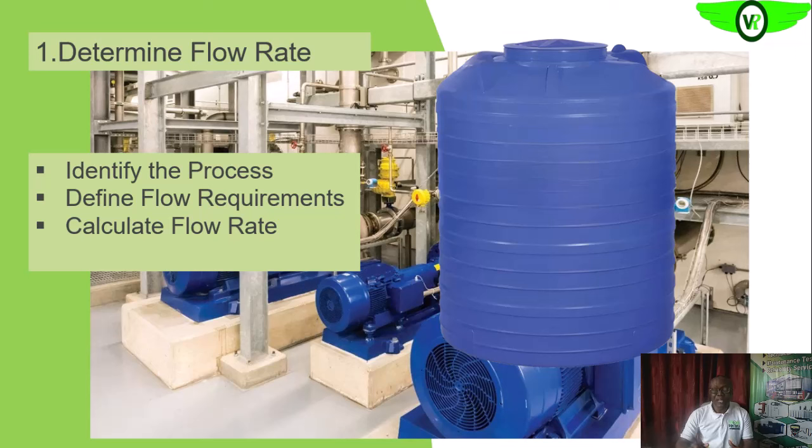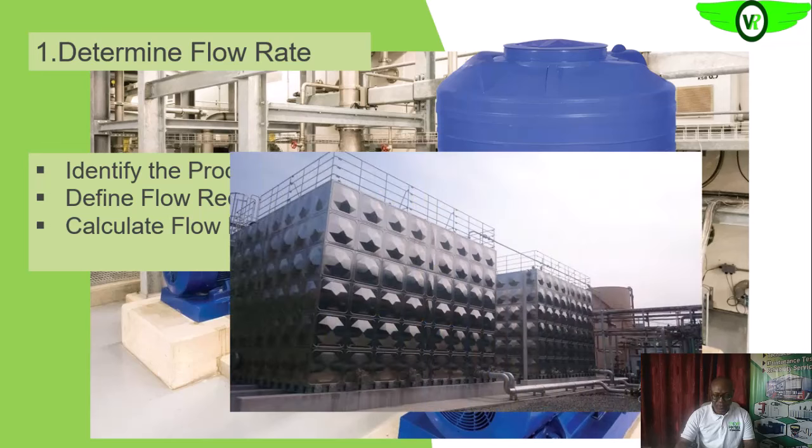But in the case of your process, you will see it clearly in the P&ID. It will be clearly specified there: volume per unit time. Are we getting it? 30 liters per minute, or 30 liters per second. Are you getting it? Those will be specified in the P&ID or in your process data sheet.